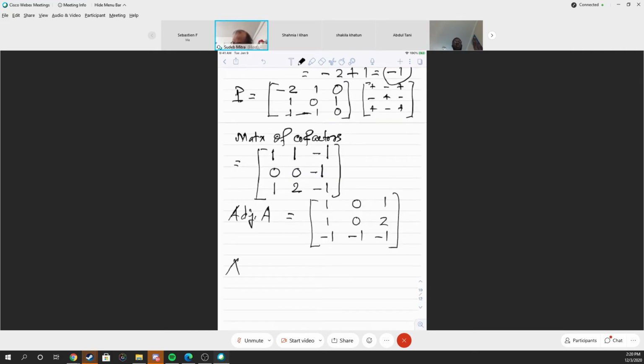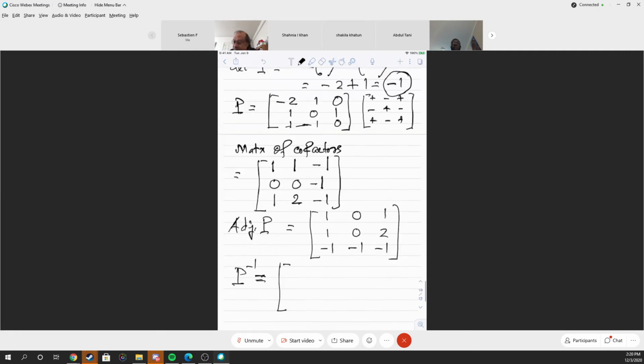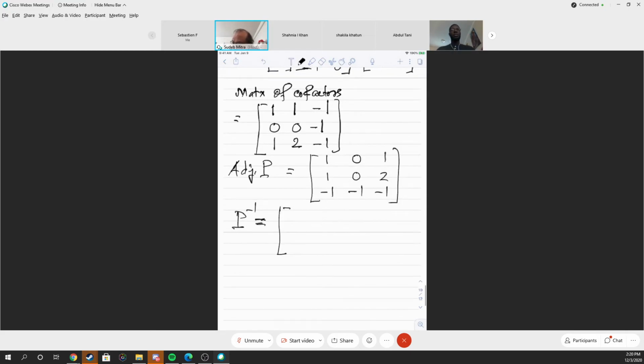So P inverse: determinant of P is minus 1, so that's very easy.